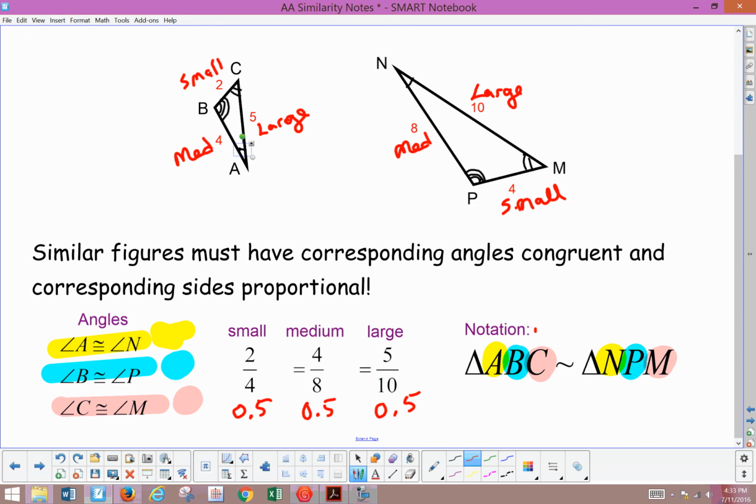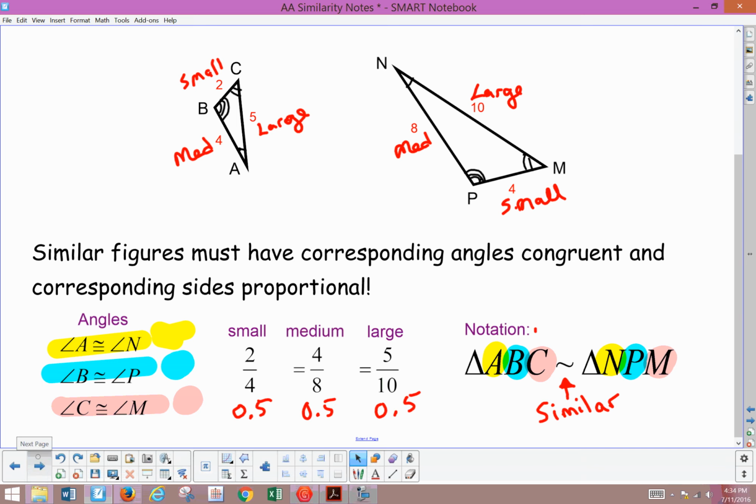Notice the symbol that is between them. You see that little squiggle right there? That little squiggle is the symbol for similar. So anytime you see that squiggle, you know that we're talking about similarity.